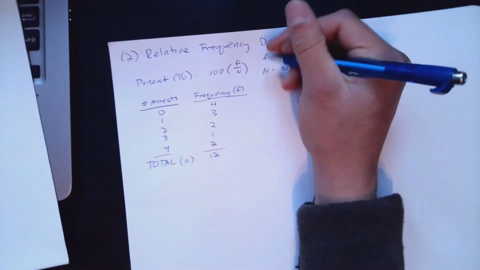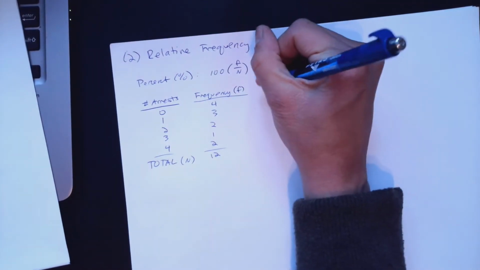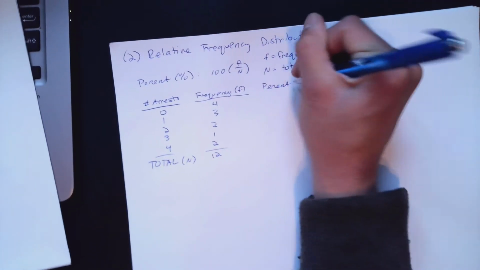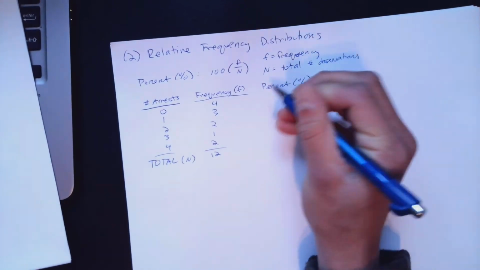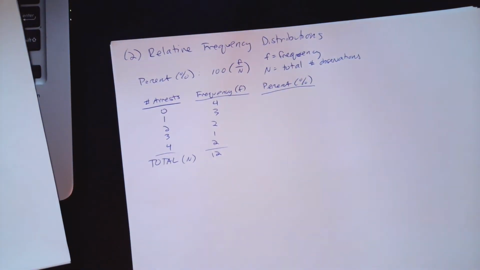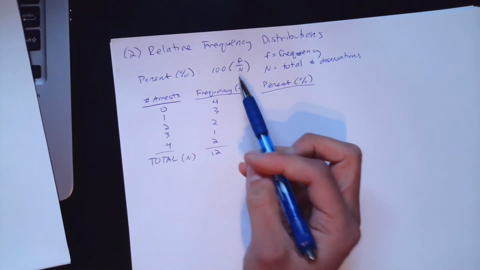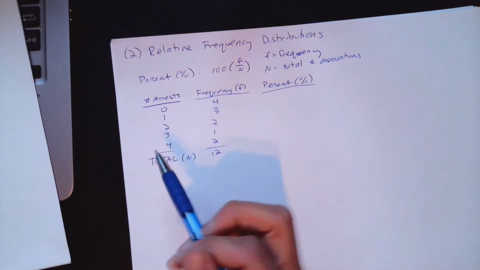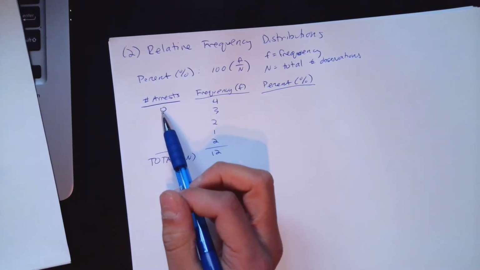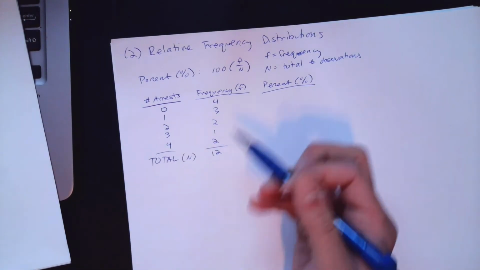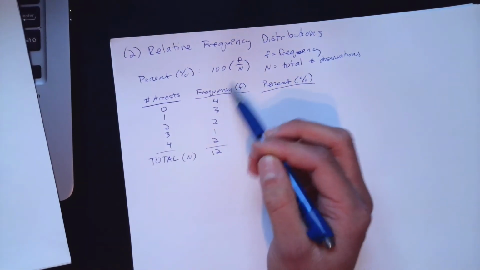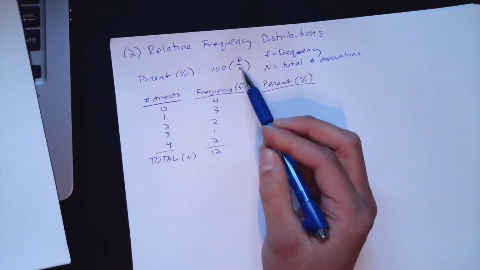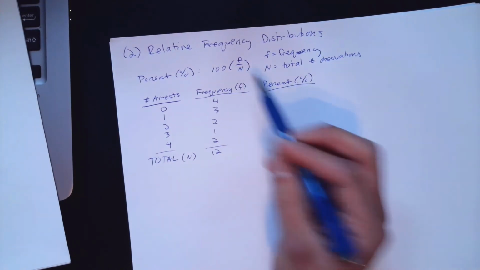Now, though, we're going to be adding a relative frequency, or a percent. In order to add that, we're going to use this little formula here. To find the percent of people in our sample who had 0 arrests, we're going to plug in our frequency, or f, and our total number, or n, into this formula.